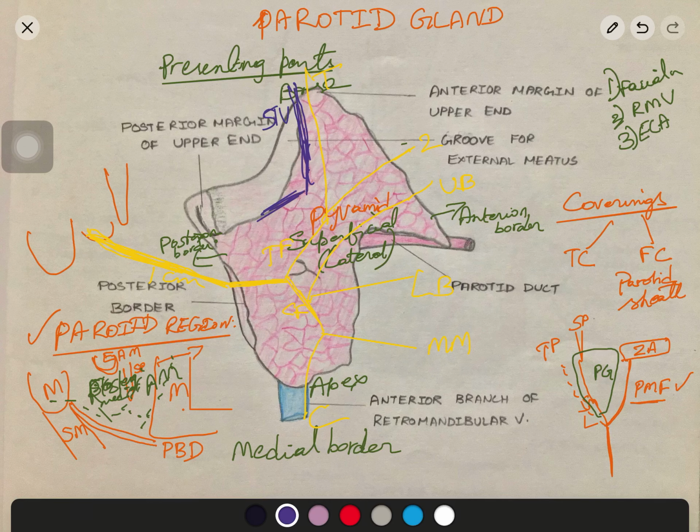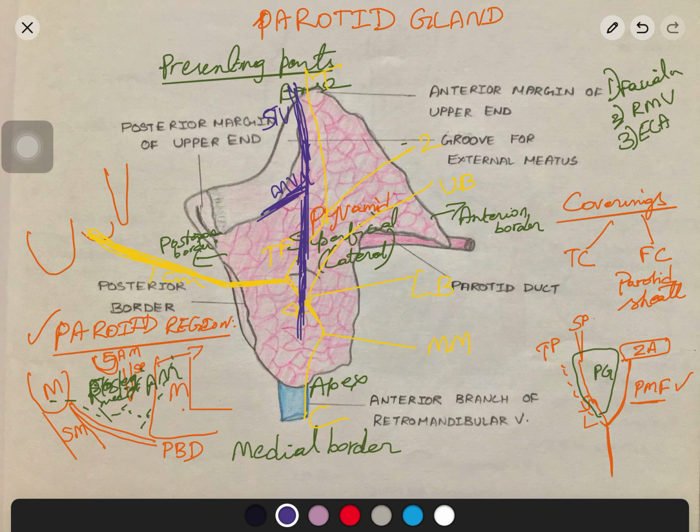This is the superficial temporal vein. The superficial temporal vein and maxillary vein join inside the parotid gland to form the retromandibular vein. Then it ends below by dividing into anterior and posterior divisions.